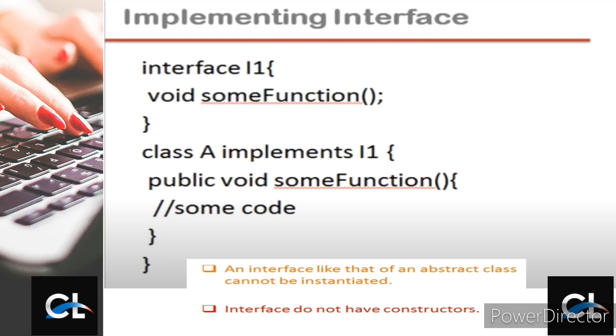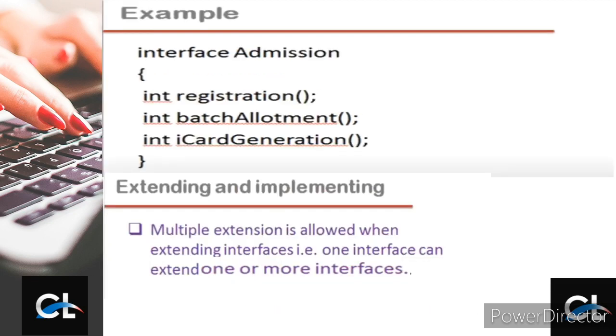Another example: if I consider admission as an interface and three methods are declared there without the body, please note that all are public and abstract by default, and this prototype must end with a semicolon, because whenever we need this common property for the other subclasses, we can use them.